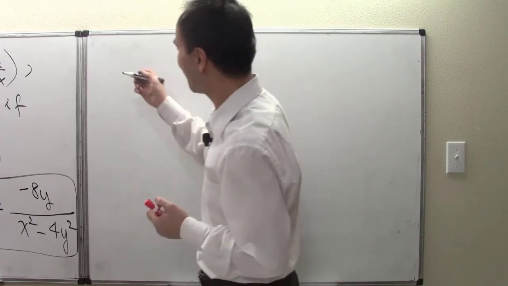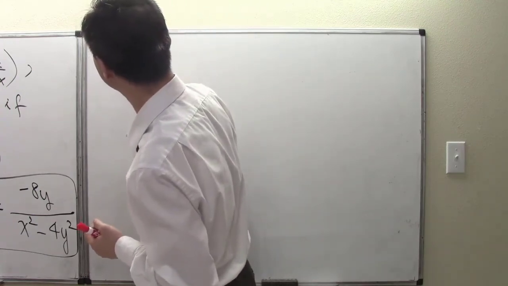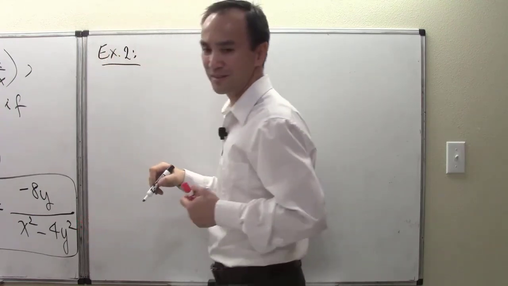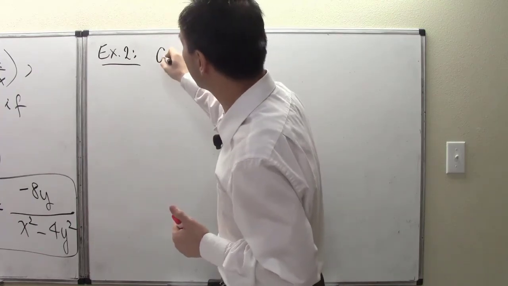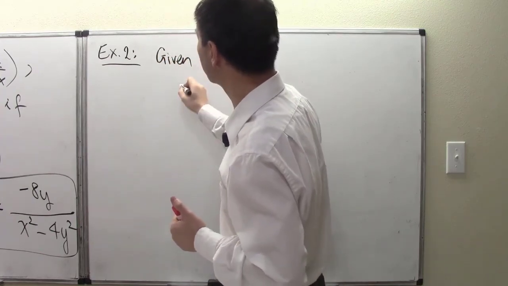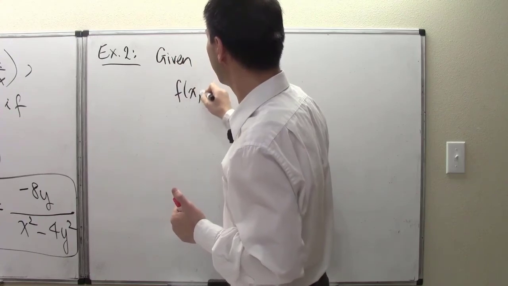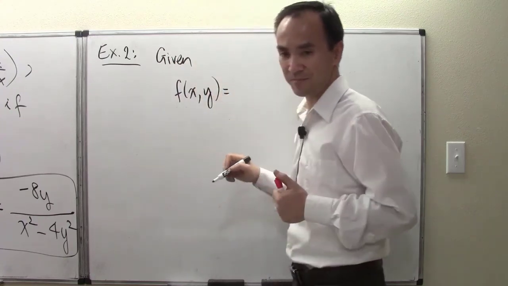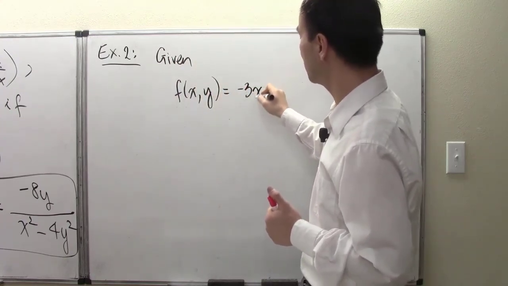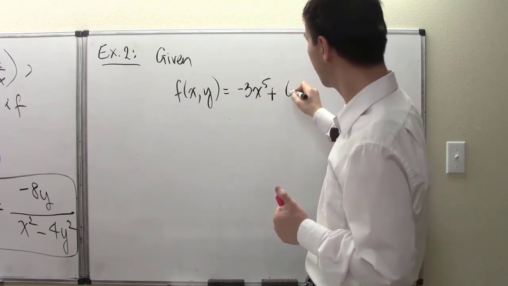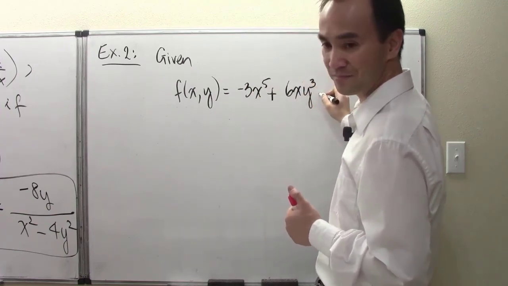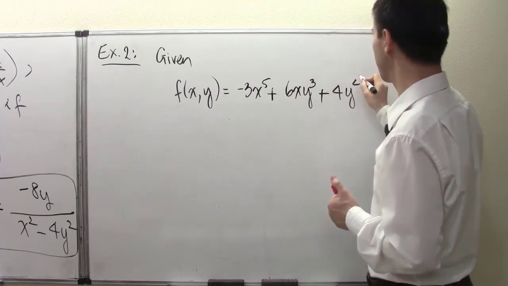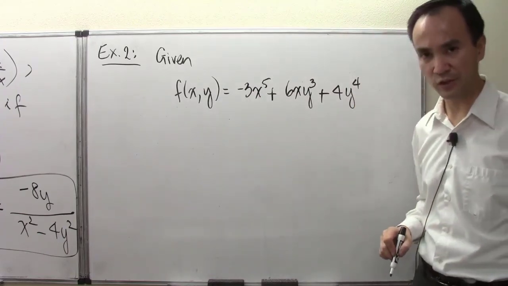So now I can just call that example 2. In this example, let's start out with the given f of x y equals minus 3x to the 5th plus 6xy cubed plus 4y to the 4th. So that's a function of two variables given to us right here.